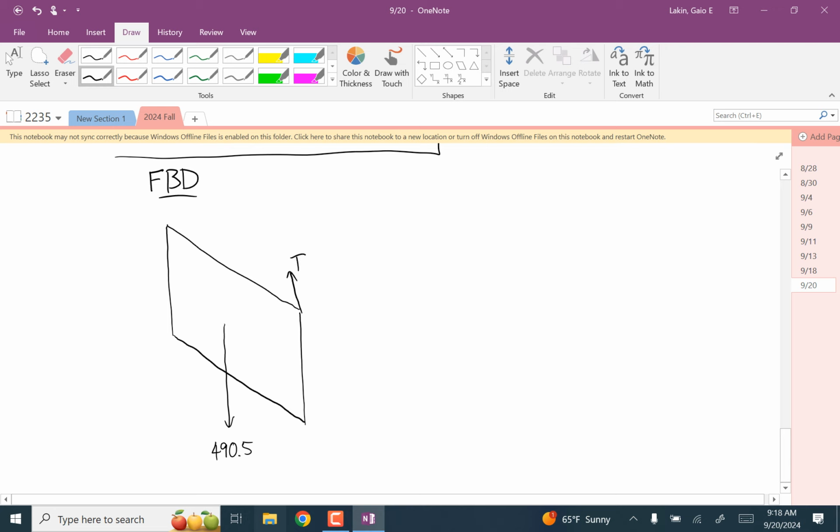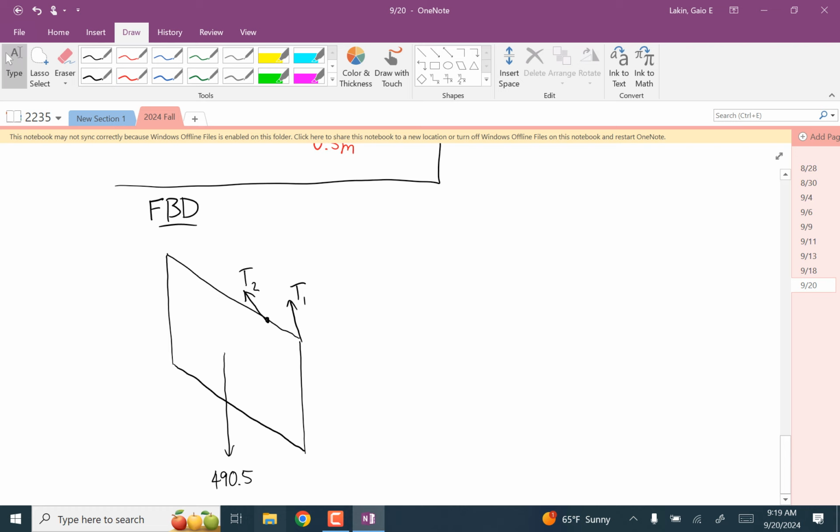I'll call that T1. And then a cable tension here, I'll call T2. And then there's a vector of unknown forces here. I'll call that R.